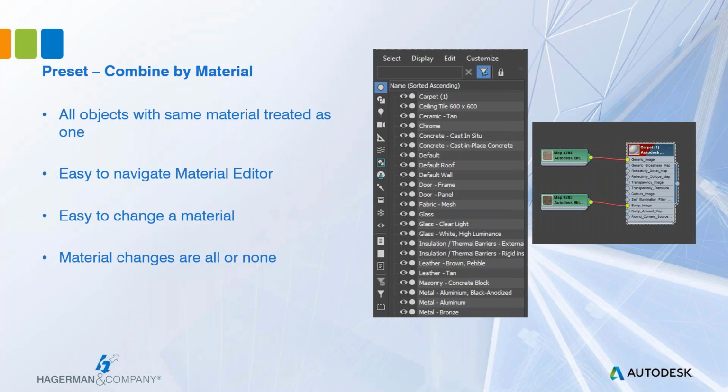This first preset will combine elements by the material that's assigned to them. For example, in Revit, if all the windows have a material named glass for the glazing, that will become a single selectable object in Max.